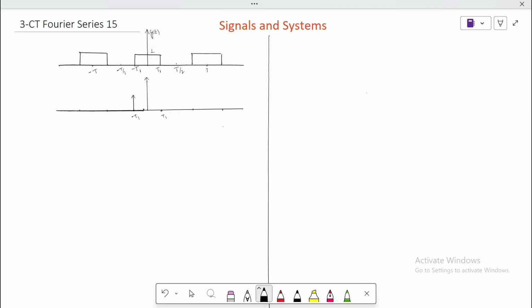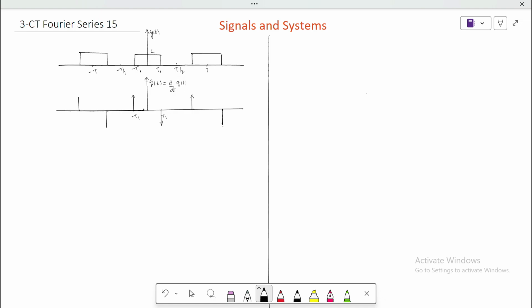This is the impulse for the falling edge. Again, this is the signal, I'm assuming this is q of t. So this q of t is nothing but d by dt of g of t.